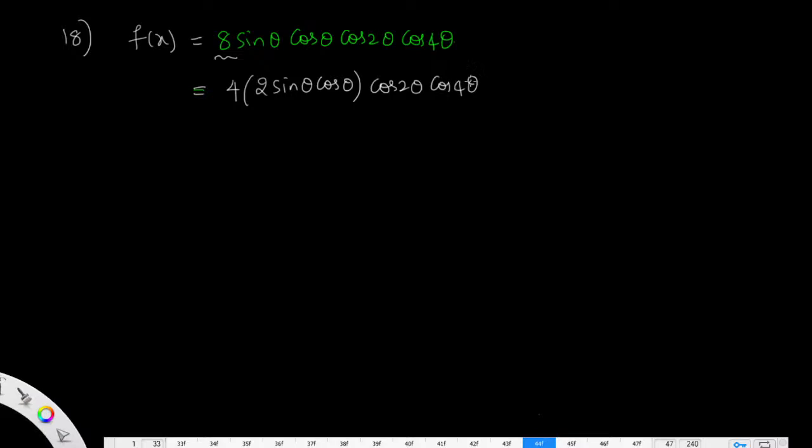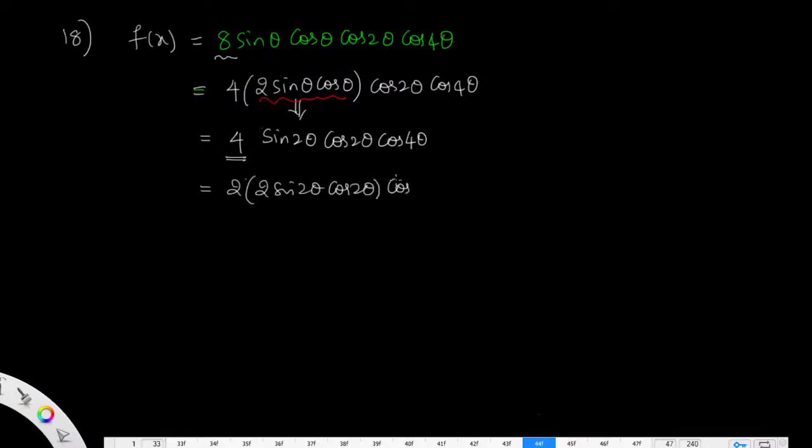Then 2 sin theta cos theta is nothing but sin 2 theta, so it becomes 4 sin 2 theta, keeping cos 2 theta and cos 4 theta the same. Now again 4 can be split into 2 times 2 sin 2 theta into cos 2 theta into cos 4 theta.